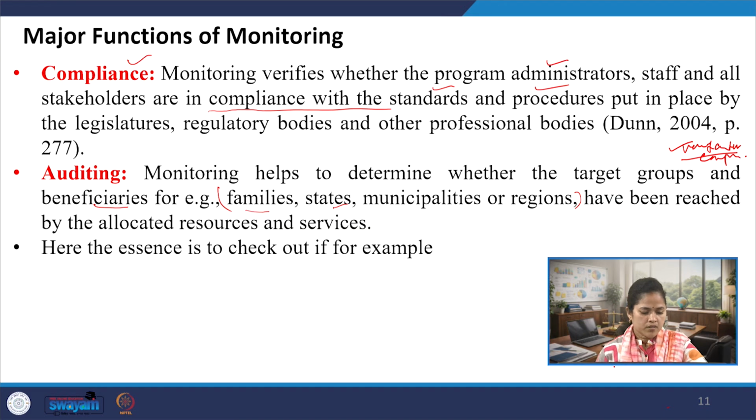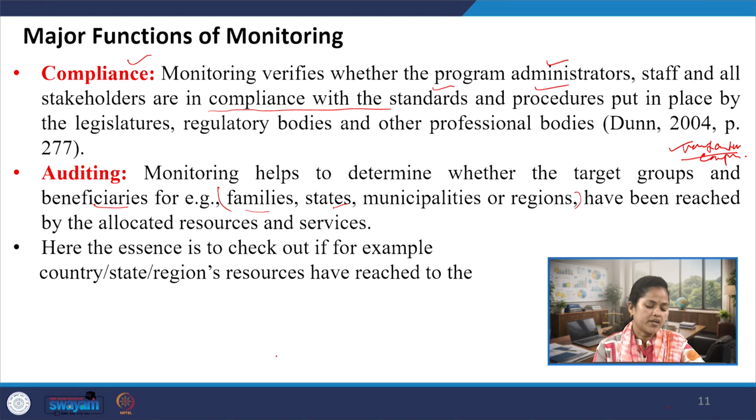So the essence of auditing is to check, for example, whether a state's, a country's or a region's resources have reached the grassroots level. Grassroots level means the targeted areas where the policy aims to focus.